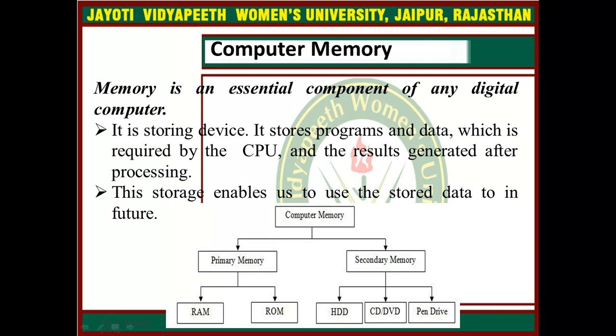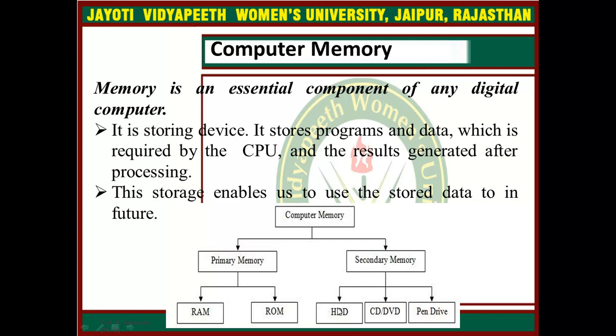As you have seen in this diagram, computer memory is divided into two parts, primary and secondary memory. Primary memory is further classified into RAM, that is random access memory, and ROM, read-only memory. Then the secondary memory is divided into HDD, CD, DVD, pen drives.